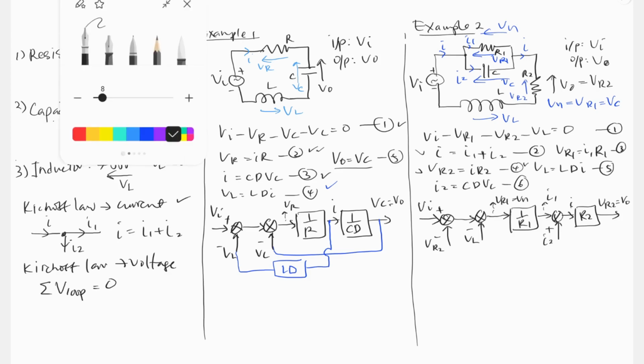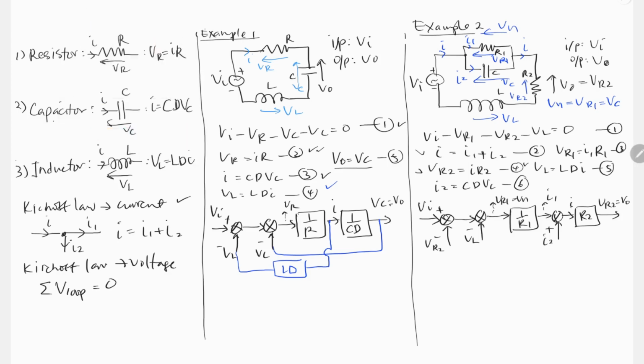Next is to connect or find the sources for all these variables. VR2 is already at the end here, so you can connect this VR2 from here. VL is still not used; the equation is number 5.